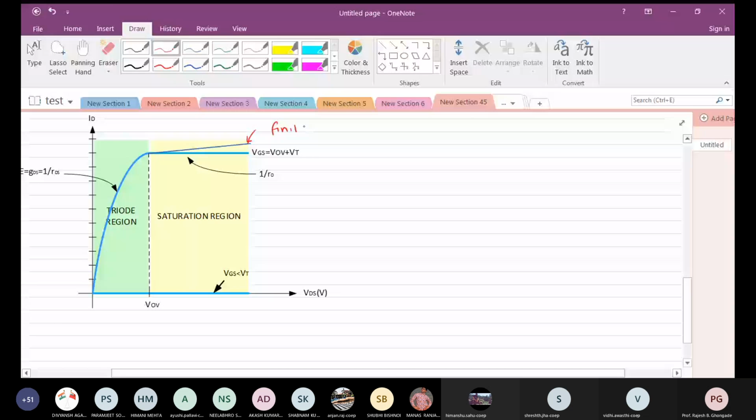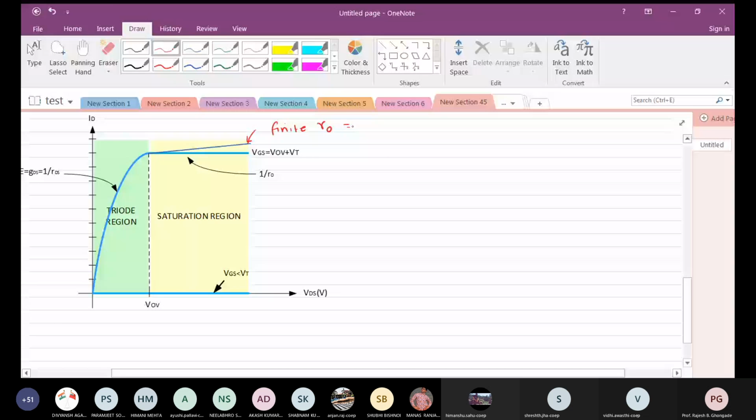So let us find out why we have this slope in practical devices. Though the slope is very small, meaning R out will be very high, it will not be infinite.